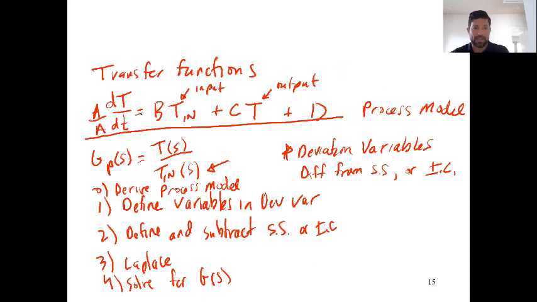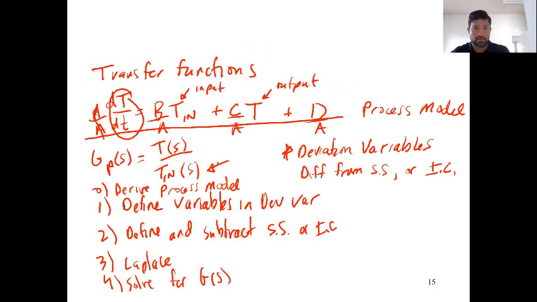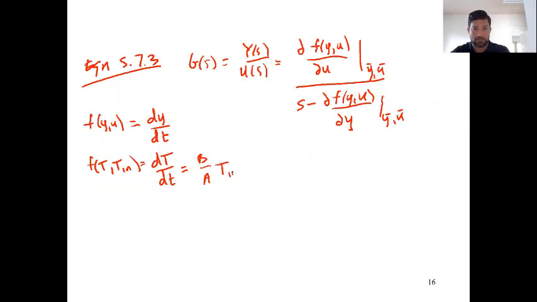To get it to be that, I have to divide all of these terms by a. So now I have this expressed in this form: b over a times Tn, plus c over a times T, plus d over a.